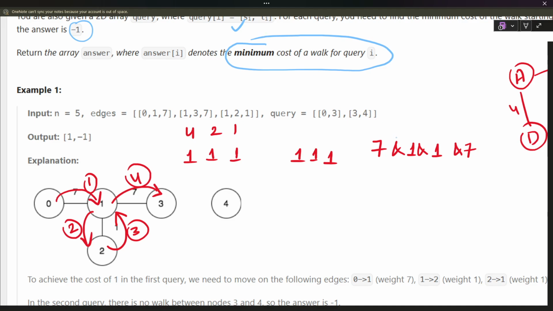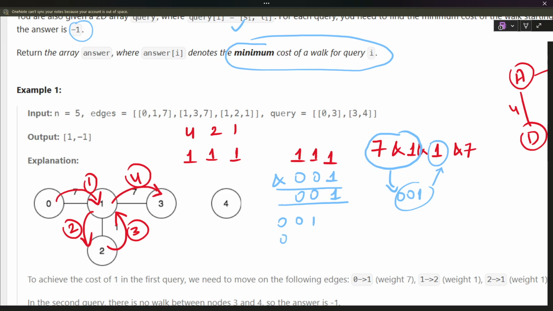So let's just try to compute this. So this is our 7 and this is our 1, right? So what will be the AND of it? It will be 1, 0, 0. Okay, cool, right? Then for this we got 0, 0, 1, and then we compute this with this. So 0, 0, 1 and 0, 0, 1, and we do AND of it, we get 1, 0, 0, 1.